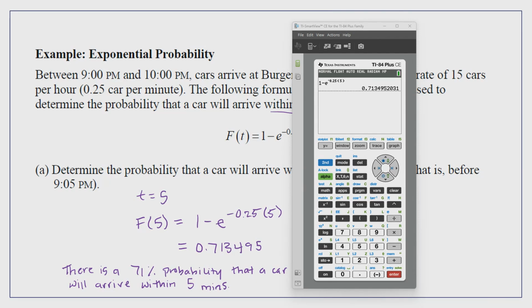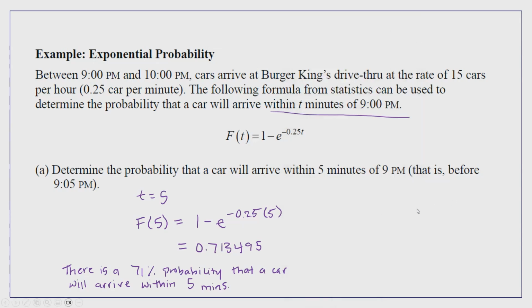All right, because remember the formula gives us the probability that a car will arrive within t minutes of 9 o'clock. All righty, let's do the next one.